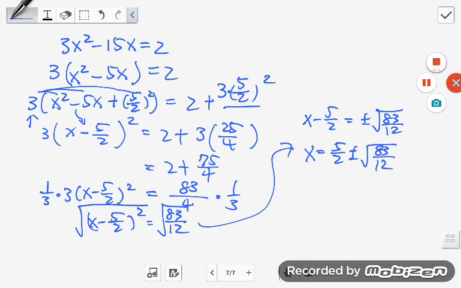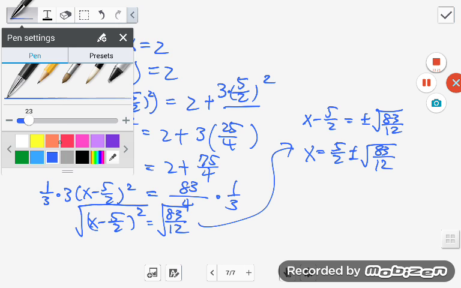So fractions, right? Fractions was kind of our challenge just now, but it doesn't really matter how you do it. If the answers are in fractions, it will be in fractions. So, in my opinion, I think it would be easier if we had divided everything by 3 in the first place, right?